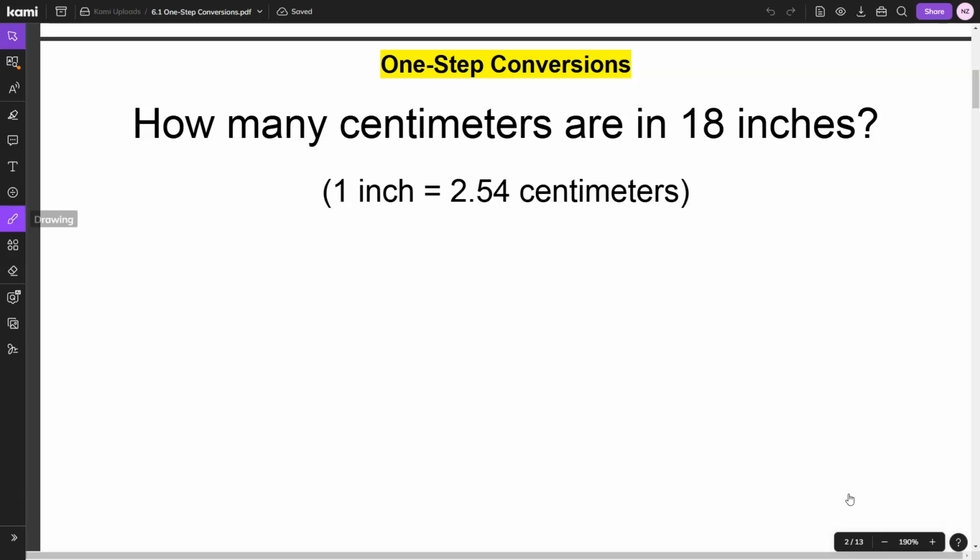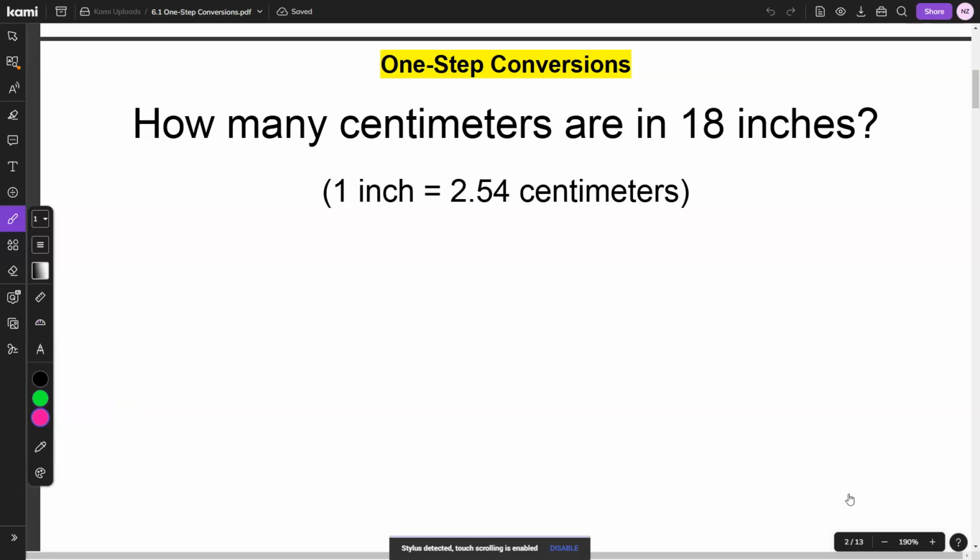So let's just do some math here. You've maybe done this conversion before when you're trying to convert good old imperial inches into metric centimeters. So the question is asking, how many centimeters are in 18 inches? And we know that 1 inch is equal to 2.54 centimeters.